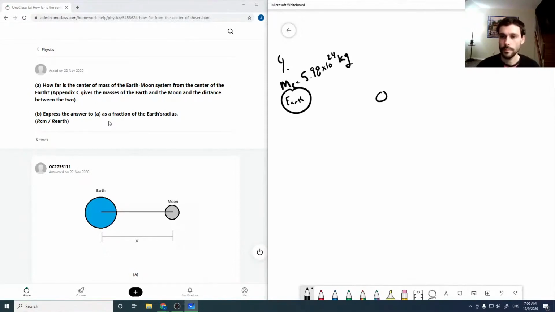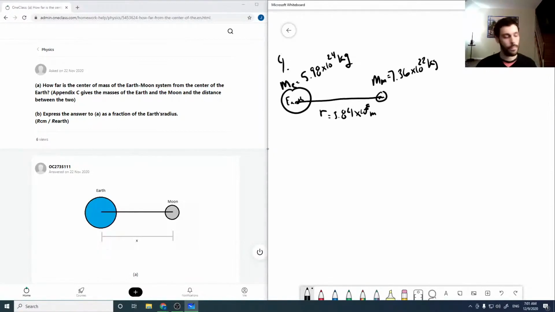We have a moon, which has a mass of 7.36 times 10 to the 22 kilograms. And we have the radius of the orbit, which is given as 3.84 times 10 to the 8 meters. And then it wants us to express the answer as a fraction of the Earth's radius.